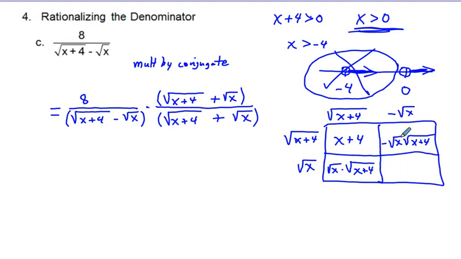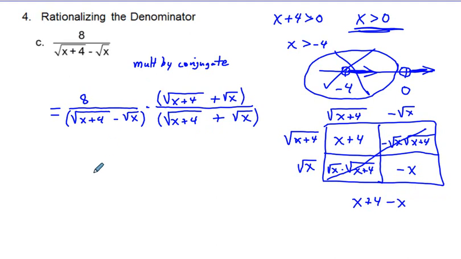In the lower right we're going to have negative square root of x times square root of x, which is going to be negative x. And so the lower left and upper right corner will cancel each other. We're left really, our answer here in this multiplication is going to be x plus 4 minus x.